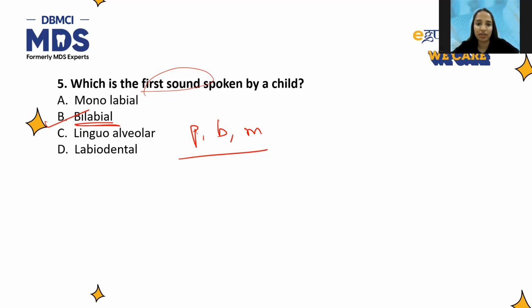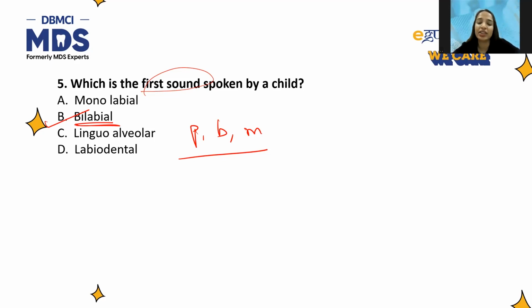Now, the trend of phonetics in complete denture was regarding anterior teeth arrangement or anterior teeth placement. Linguo-alveolar sounds, I would say, were asked a lot. Something about fa, va, like when will fa sound like va? When will va sound like fa?